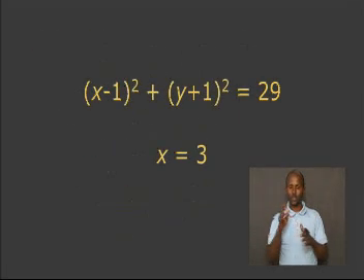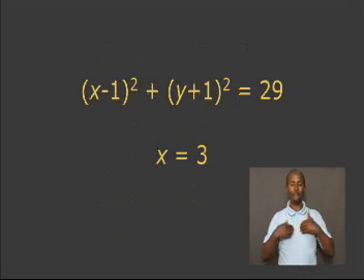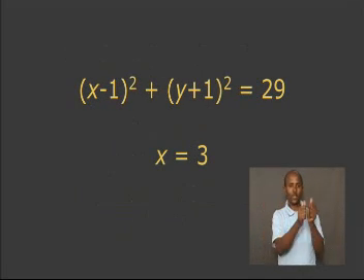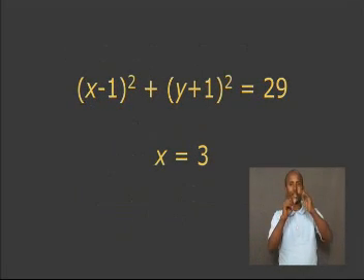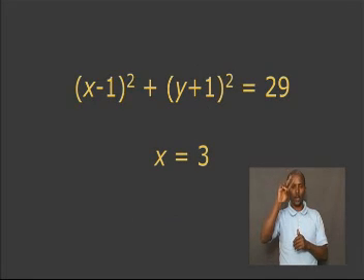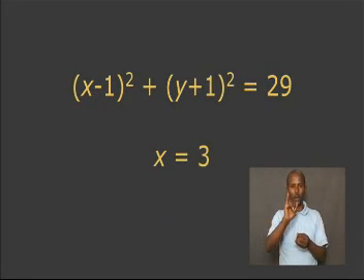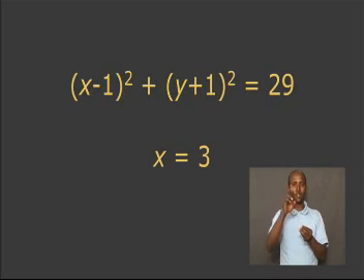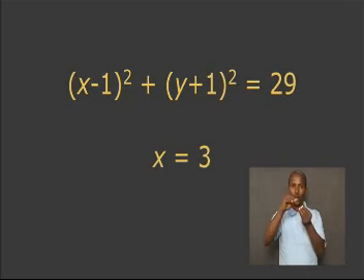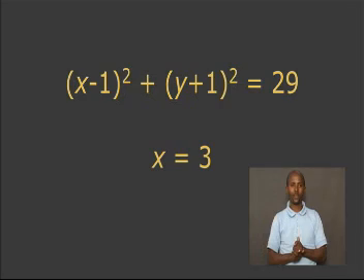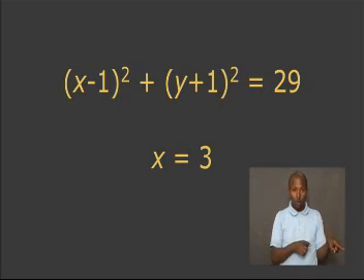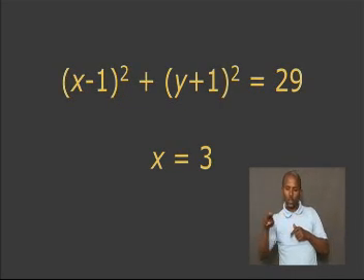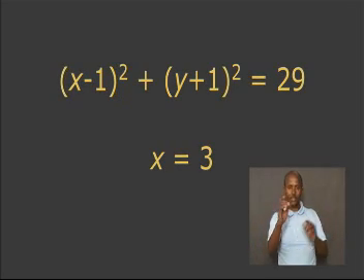Let us suppose that we have a circle with equation (x minus 1) squared plus (y plus 1) squared equals 29. We also have a vertical line, x equals 3.